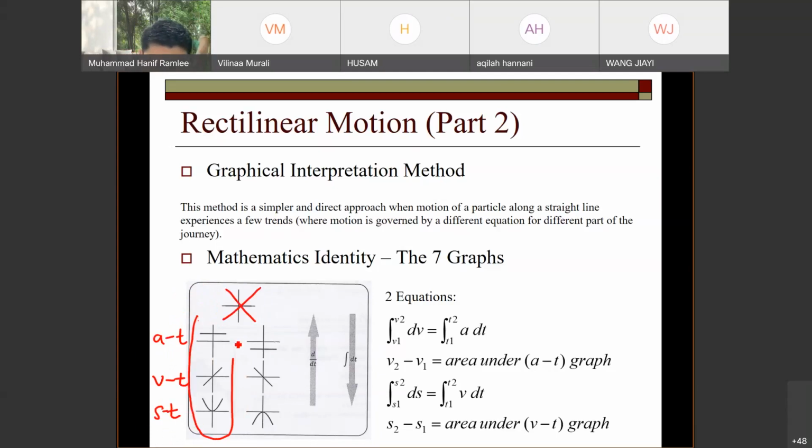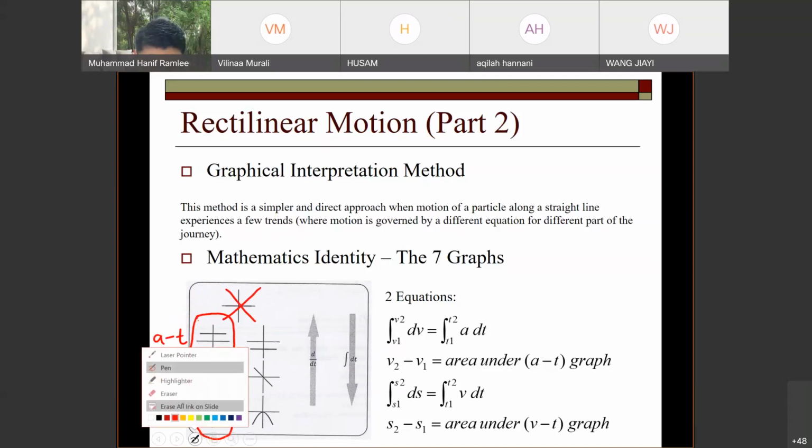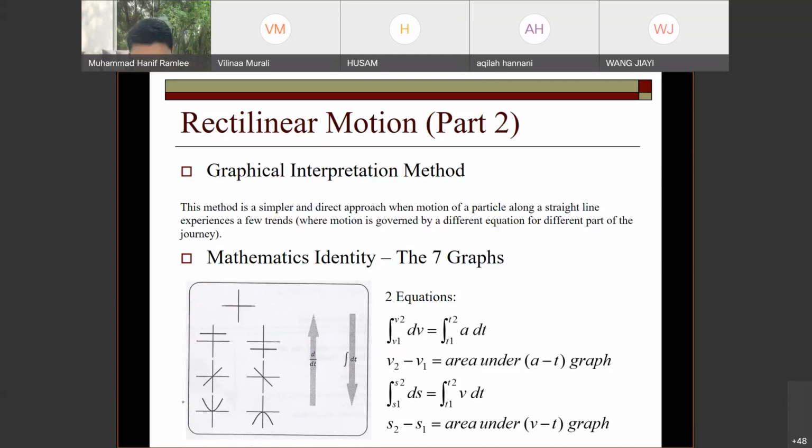Let's do another example here. If you have the ST graph here, sorry, not ST, I give the example of VT. If you have the VT graph here and you want to have the AT graph, you have to differentiate.